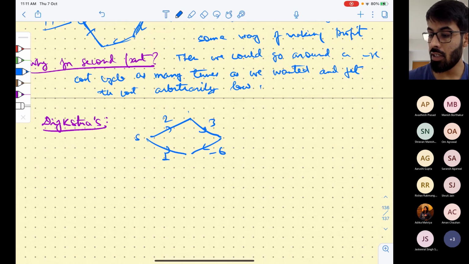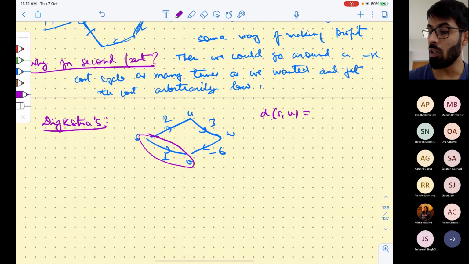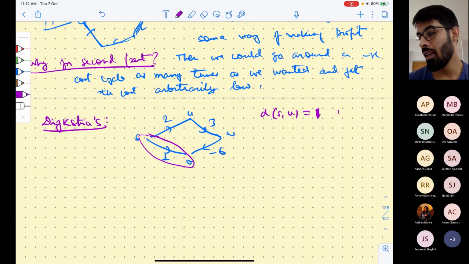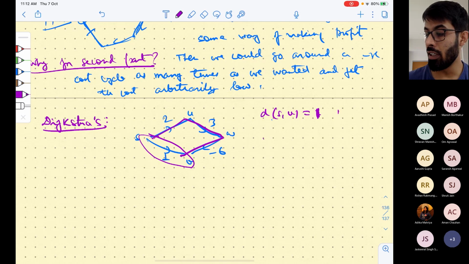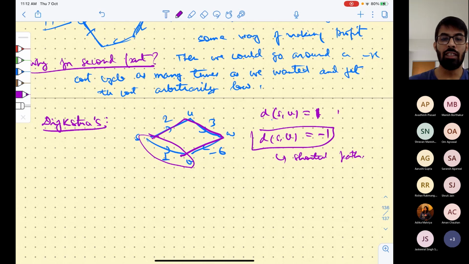Let's say this was S, U, V, W. Dijkstra would just look at this because this is the lowest cost edge coming out of S, and put the distance of S comma V to be 1. This is what it will do. But actually the minimum cost path is this, where the distance of S comma V is -1, and this is the shortest path, which Dijkstra won't be able to see.